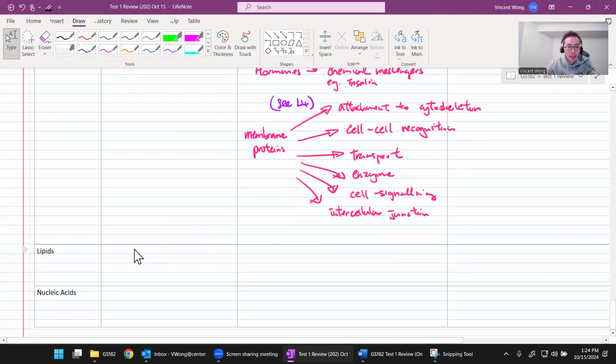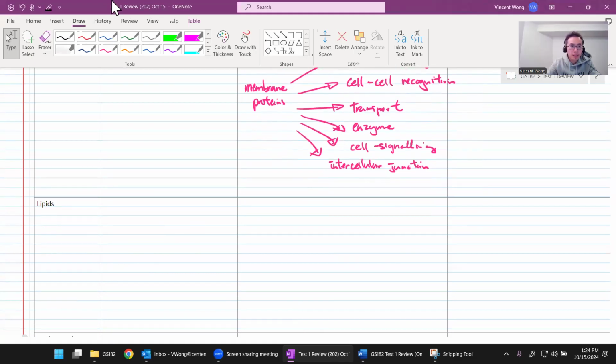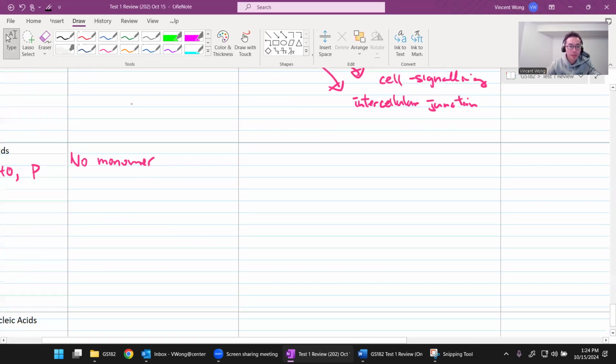Okay, moving on. Lipids. Lipids, we have CHO and a bit of P. So there is no monomer here. But there are different components.